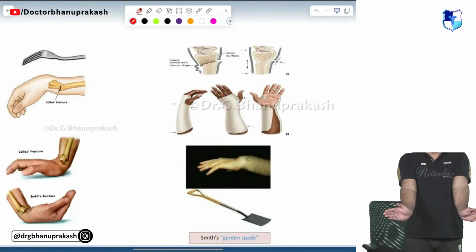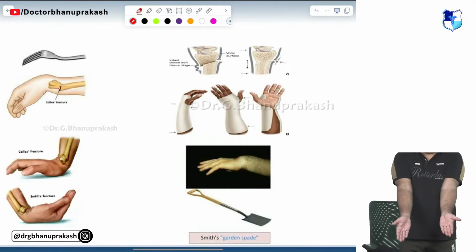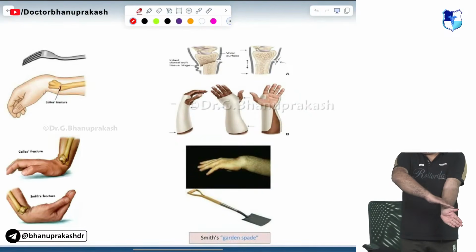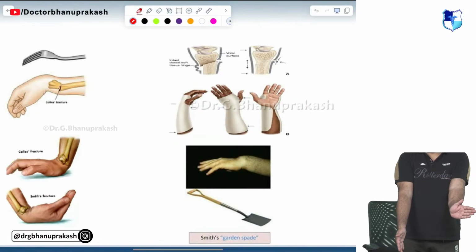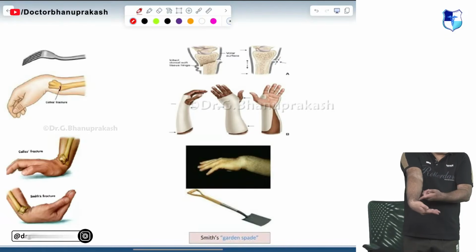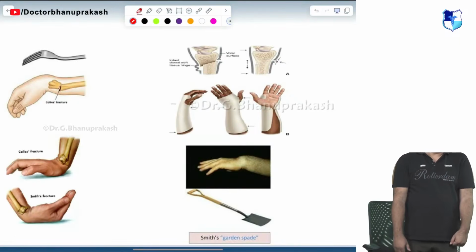When I do lateral angulation, my fingers are close to which bone? Radius. So lateral angulation is also called radial angulation. Medial angulation is also called ulnar angulation or ulnar deviation.